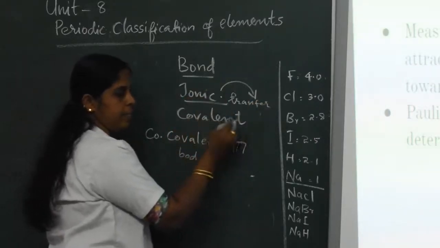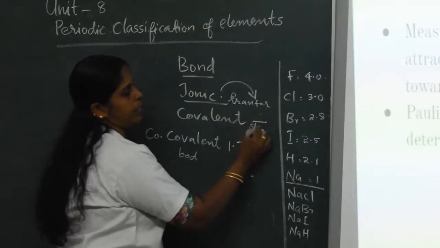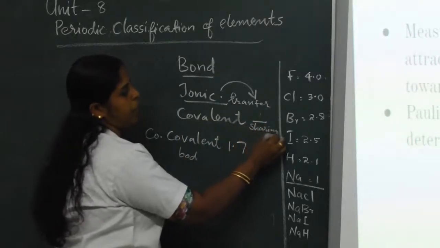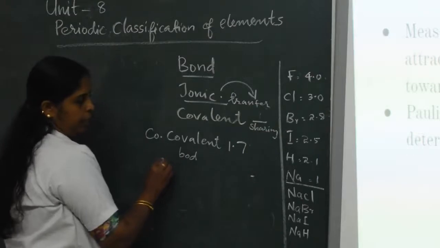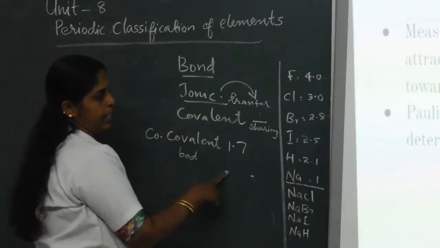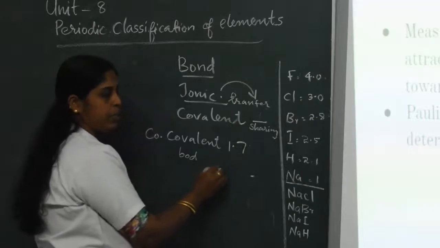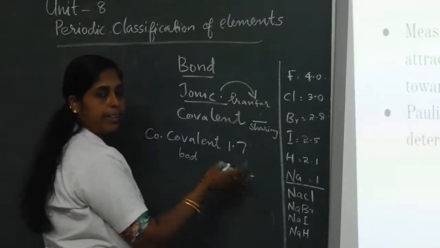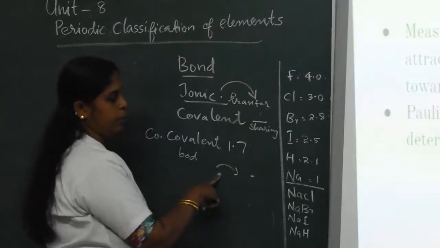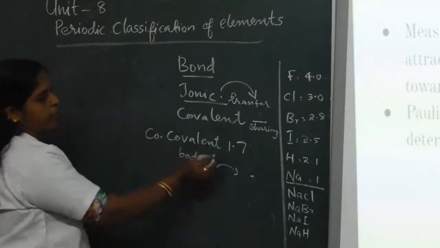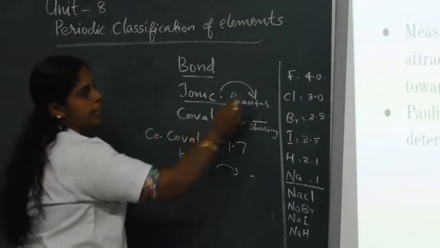Covalent bond means sharing of electrons between two atoms. Coordinate covalent bond means one atom is the donor and the other is the receptor.